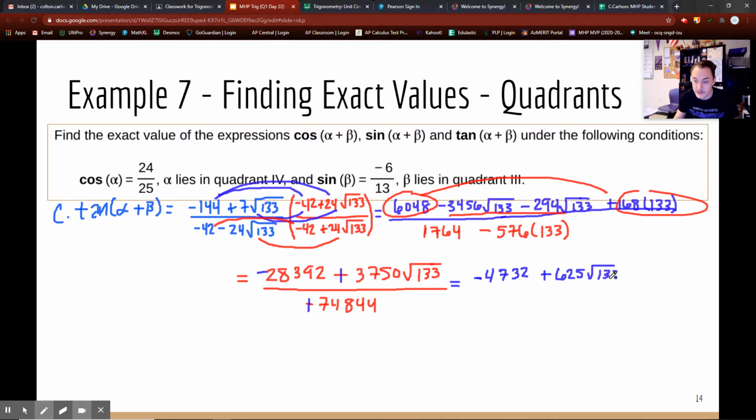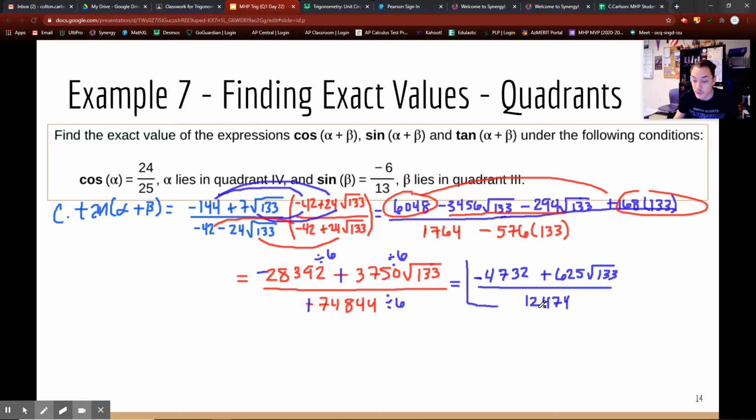radical 133. So again, I divide each of these numbers, this one right here, this one right here, this one right here, by some number. In fact, I am going to double check, see if it is divided by 6. It is divided by 6. Perfect. Look at that. I'm awesome. And then I divide this one by 6. Divide that one by 6. And so this one right here is going to be 12,474.